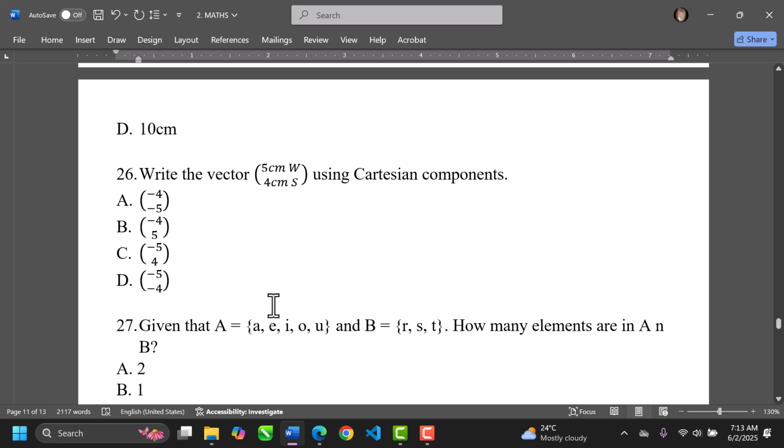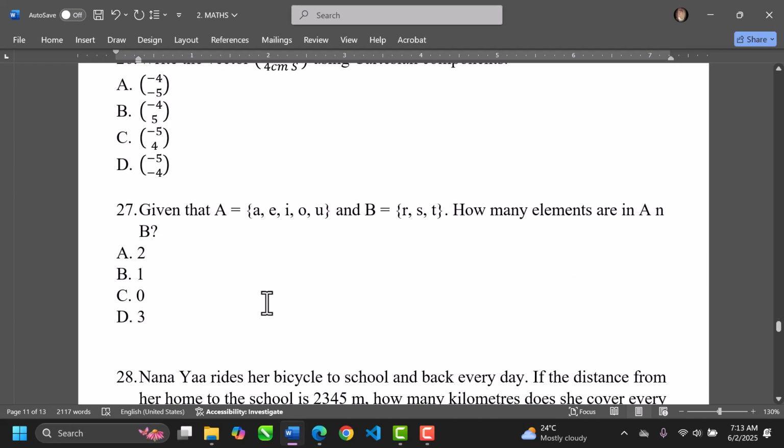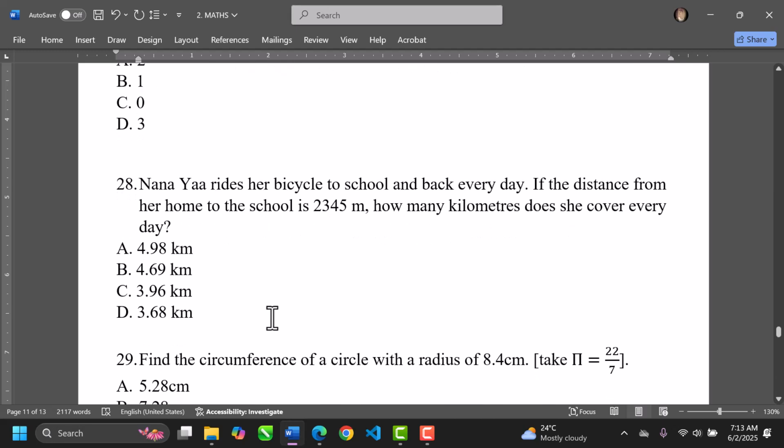Take note, please. 27, the answer is C. Given sets A and B, how many elements are in A intersection B? 27, the answer is C, 0. Now 28, the answer is B. Look at the question. Nanaya rides her bicycle to school and back every day.